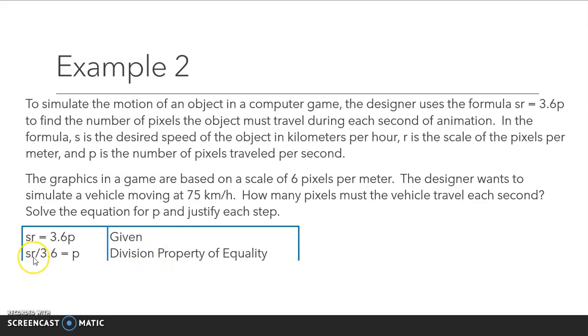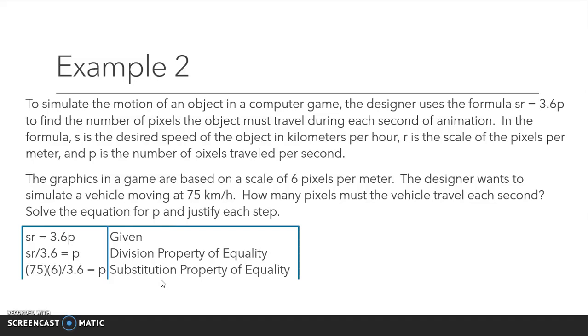I can take the numbers that they gave and put them in for S and R. Remember, S is the desired speed of the object, and we want it to be 75, and R is the scale of the pixels, and they told me the scale is 6. So I'm going to put a 75 in for S and a 6 in for R. Okay, and the thing that allows me to do that is the substitution property of equality. I substitute values in for the variables that they represent.